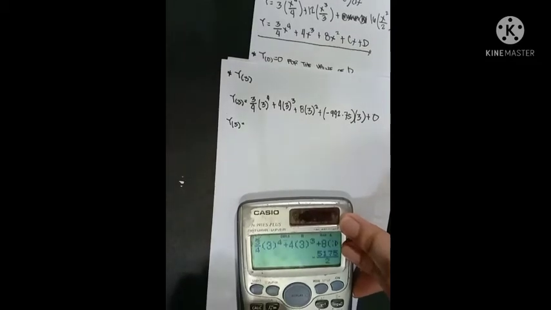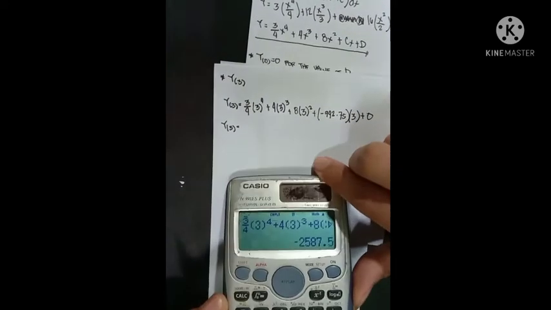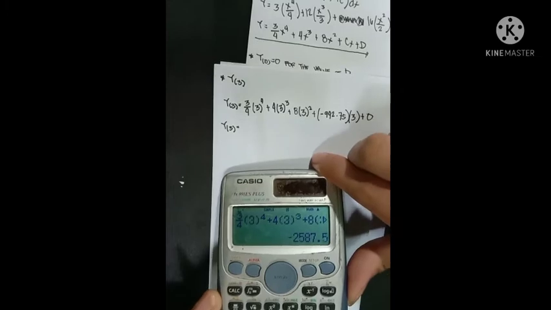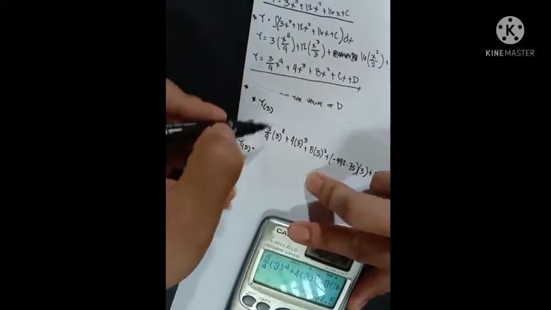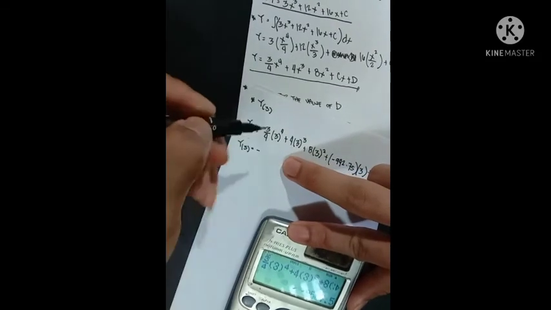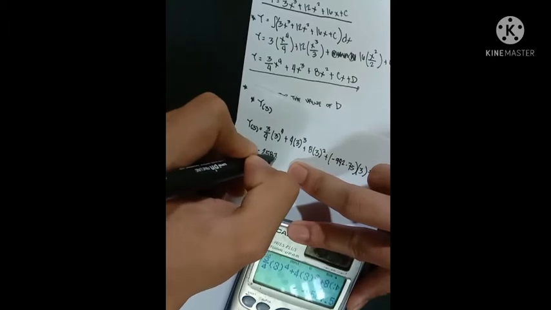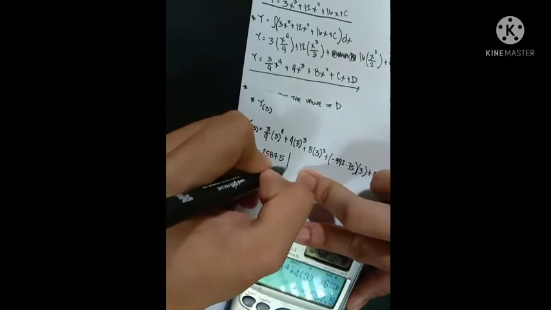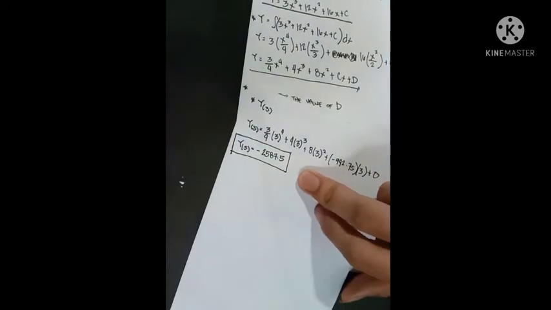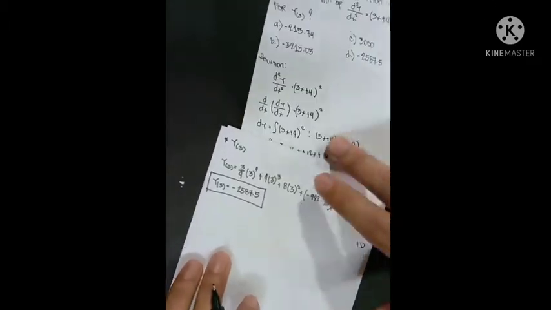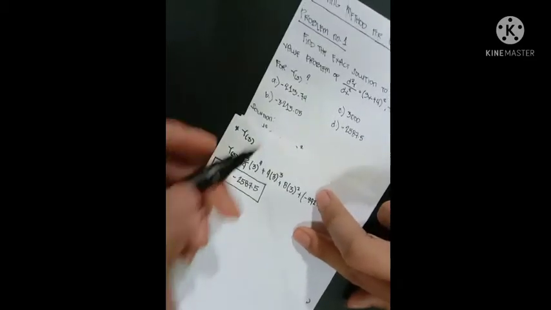So we have the value of negative 2,587.5. So the value of our y3, we have 2,587.5. So the answer in this problem number 1 is letter D.